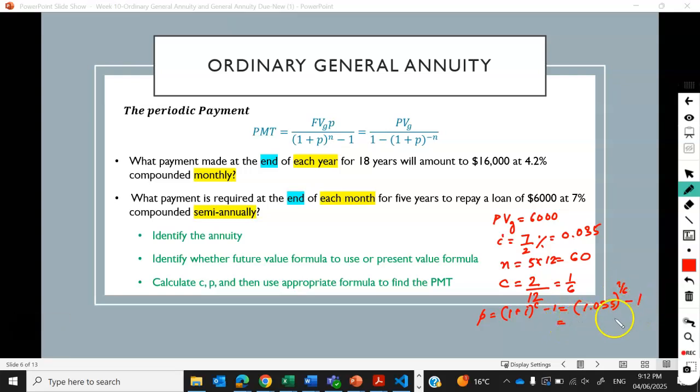So calculate till 6 or 8 decimal places and then substitute in the present value formula here to find what is the PMT given at the end of each month.